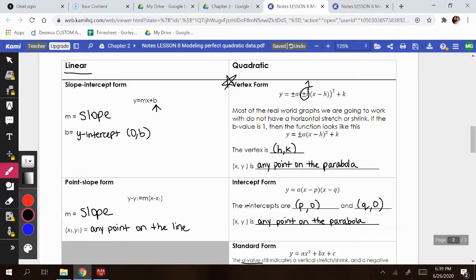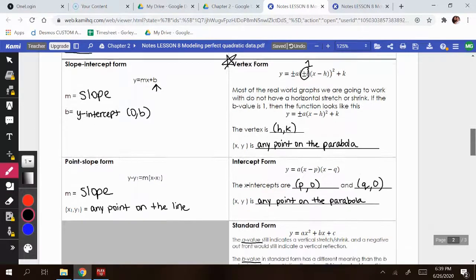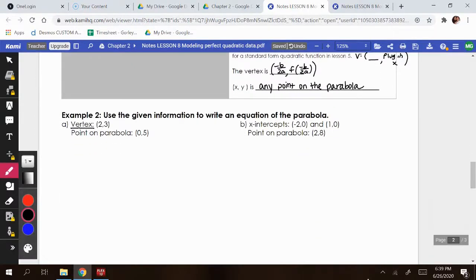All right, and when writing vertex form, we're going to just use the one where the b value is 1. I'm not going to give you a horizontal stretch or shrink here. Okay, so I'm going to write down y equals a(x minus h) squared plus k. And I know my vertex is (2, 3). The vertex is your (h, k), which in this case is (2, 3).